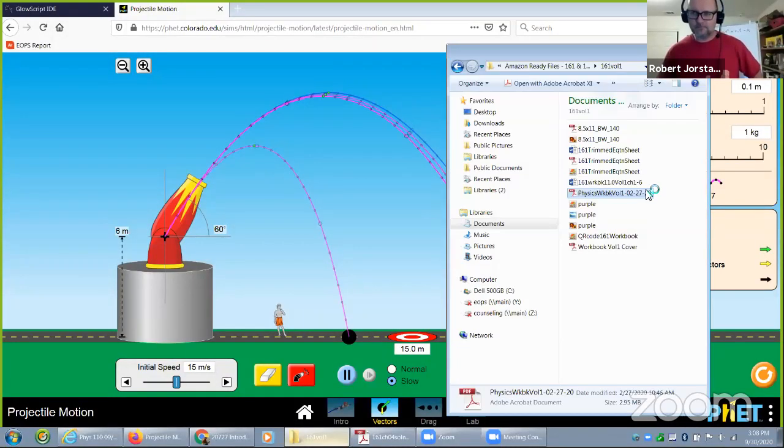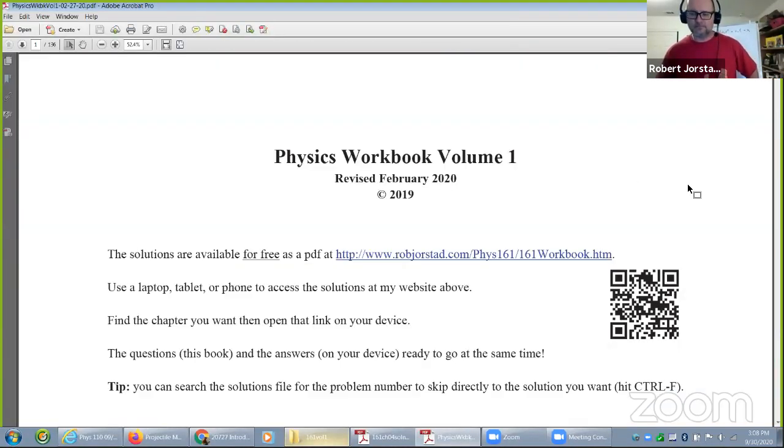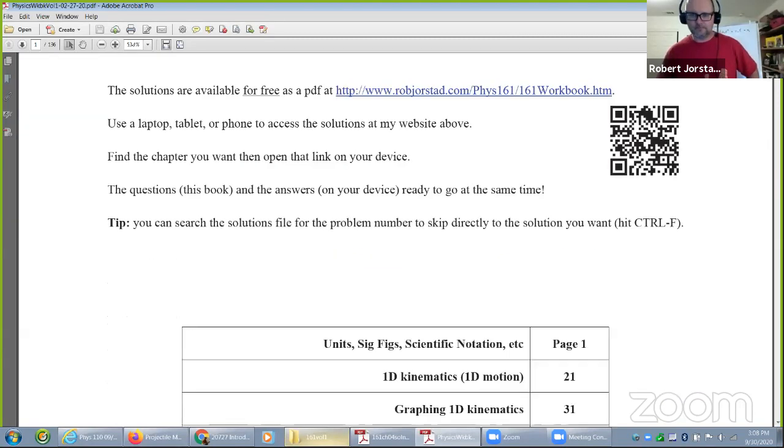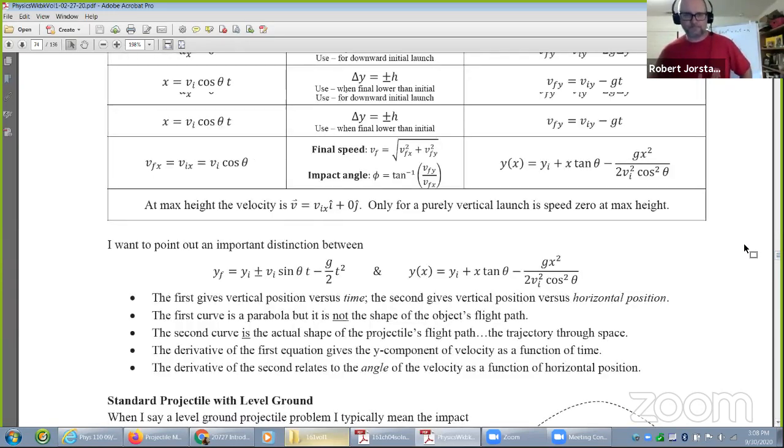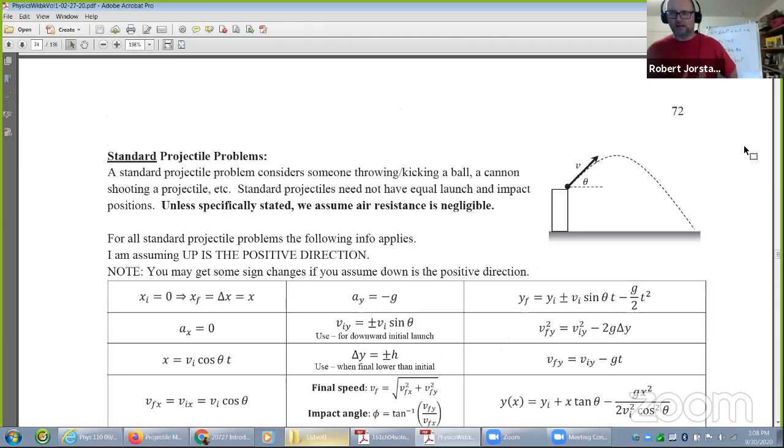Let me get it back open here. Right here. Okay, so again, page 72.